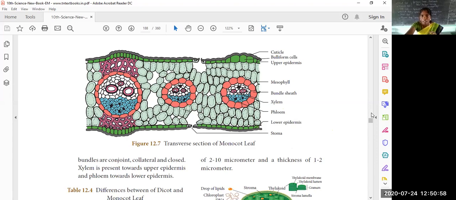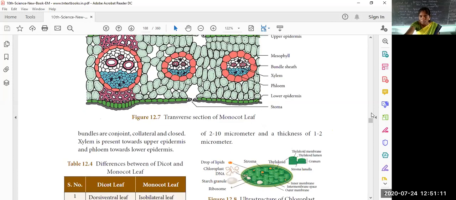Next, bulliform cells: in the upper epidermis there are large-sized cells called bulliform cells. Then mesophyll, bundle sheath, xylem and phloem. Xylem lies towards the upper epidermis and phloem towards the lower epidermis.